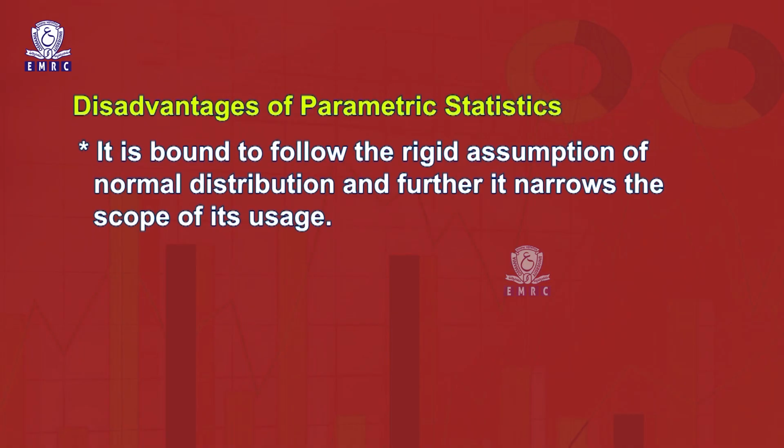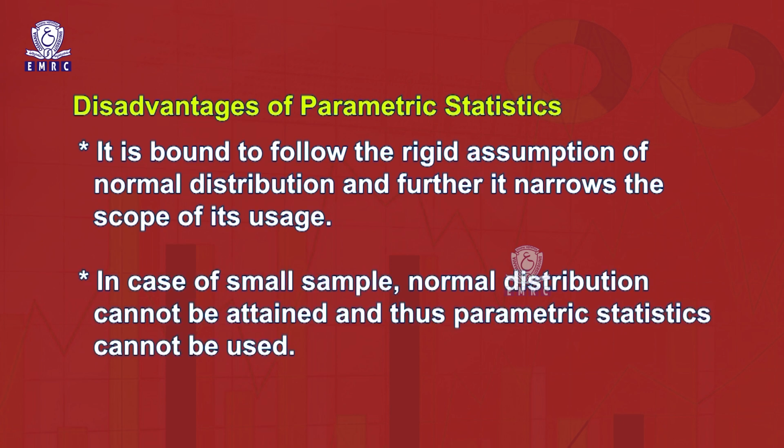However, along with many advantages, some disadvantages have also been noted for parametric statistics. That is, it is bound to follow the rigid assumption of normal distribution, which narrows the scope of its usage. In case of a small sample, normal distribution cannot be attained and thus parametric statistics cannot be used.